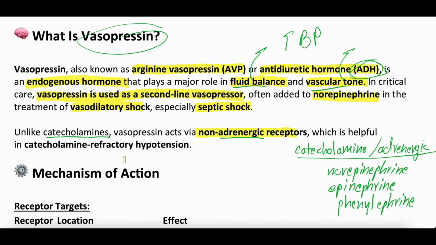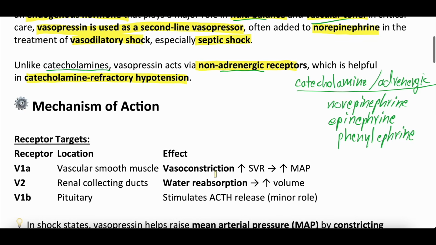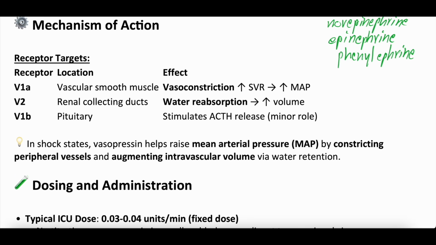So it's helpful in patients who are already on catecholaminergic or adrenergic vasopressors like norepinephrine, because adding vasopressin uses a different pathway, a different mechanism. And it can be helpful sometimes in this catecholamine refractory hypotension that you can see, all right, as a second line.